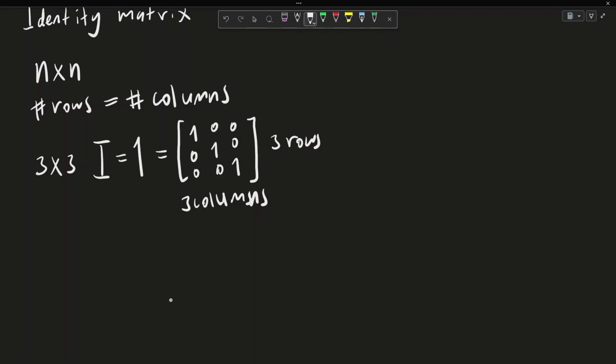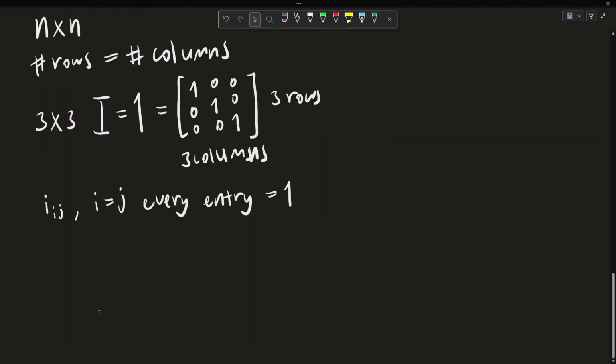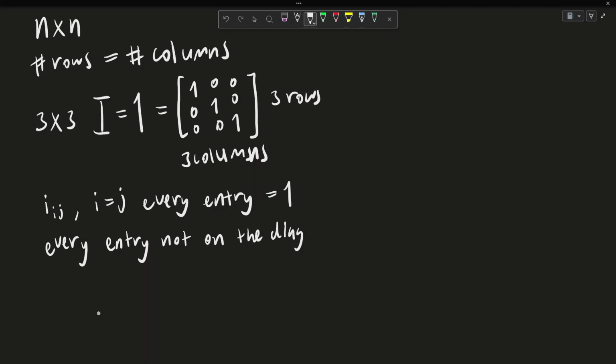Secondly, all of the entries on the diagonal, so that is when we take lowercase ij, when i is equal to j, every entry equals 1. And the third property is that every entry that isn't 1, so every entry that isn't on the diagonal, is equal to 0.